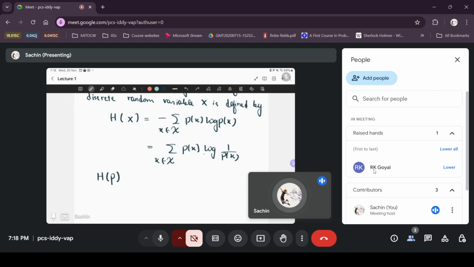So the unit will depend on the base of this logarithm. If the log is to base 2, then the unit is called a bit.